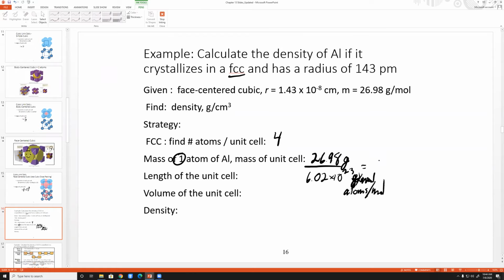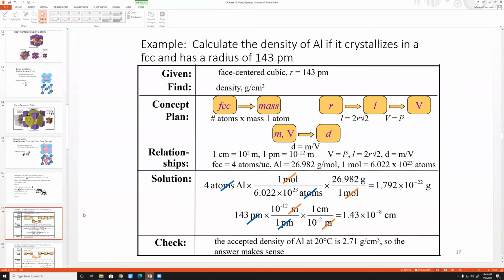So you divide that, you get a really, really small number. Multiply that number by 4. That equals the mass of the unit cell. Then you know the length of the unit cell by the equation and by using this. Then you determine the volume, then the density by doing the mass divided by volume.